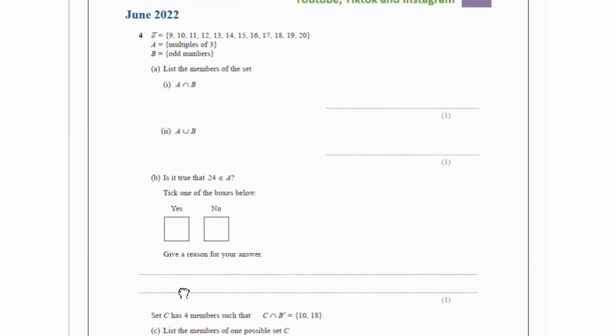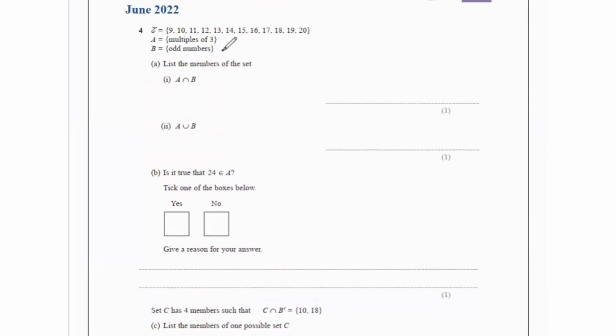Then it says set C has 4 members such that C intersection B complement is 10, 18. List the members of one possible set C. So if C intersection B complement is 10 and 18, B was 9, 11, 13, 15, 17, and 19.